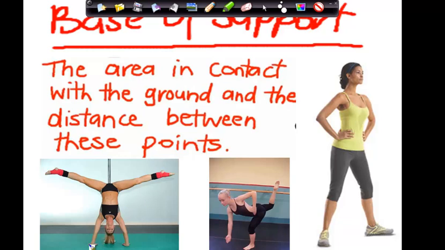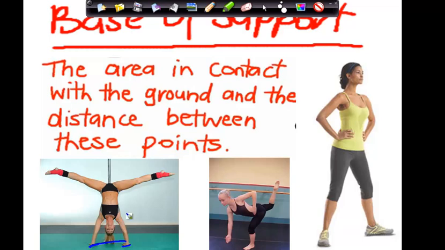Okay, so that is the area that is in contact with the ground. And if we're looking at the distance between those particular points, that is here from the hand all the way to the other side. And that is known as our base of support.